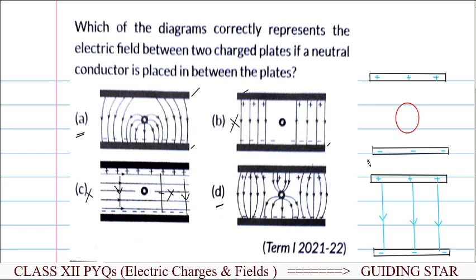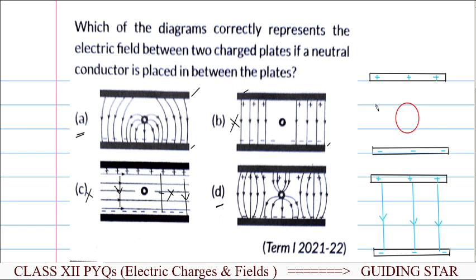Here, one thing we must know: whenever we place any conductor in an electric field, electric field lines do not pass through the conductor, first thing. Field lines enter generally perpendicular to the surface of the given conductor.